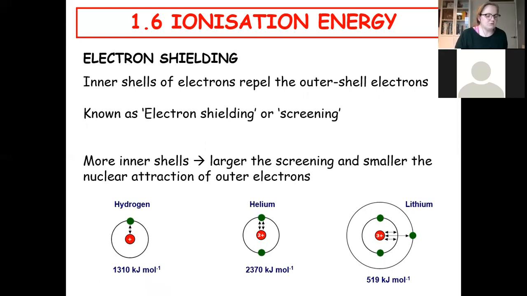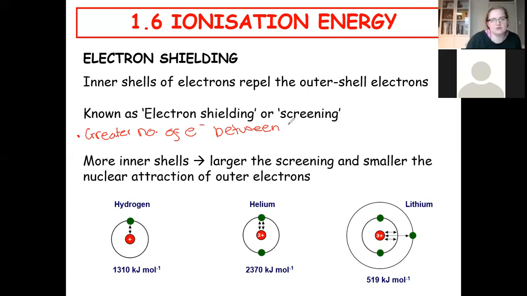So the greater number of electrons we have between our nucleus and the outer electron, we have a lower nuclear charge.